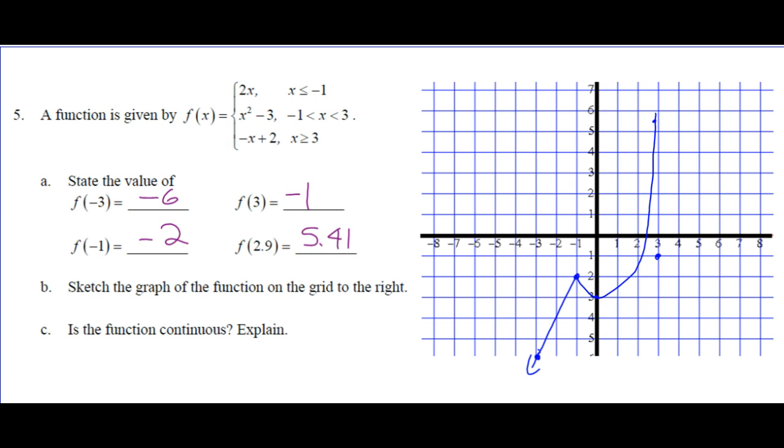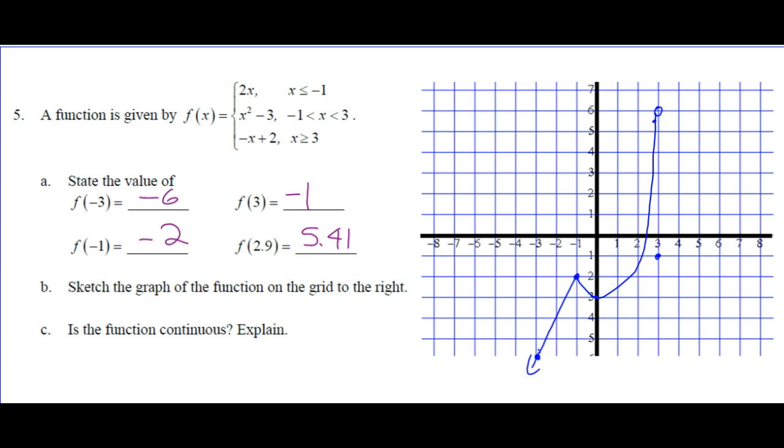Okay, so if this included 3, what would the value be? 9 minus 3 would be 6, right? So we're going to get up to 6, but we're not going to be at 6, right? Because 3 is not included.